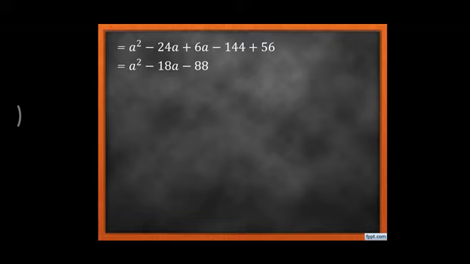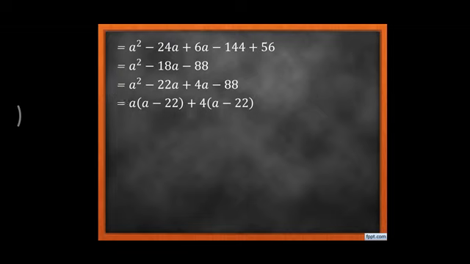Minus 24a plus 6a is minus 18a, and minus 144 plus 56 is minus 88. Therefore we will split minus 88 such that we get two factors such that their sum is minus 18. So we have a square minus 22a plus 4a minus 88.